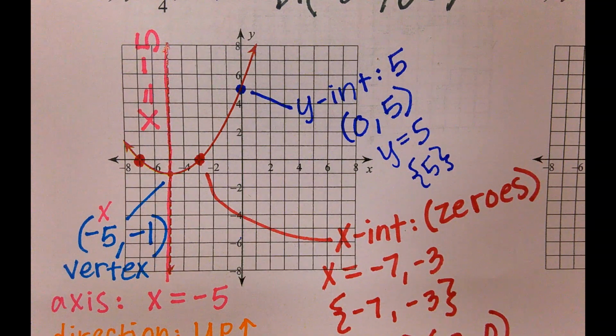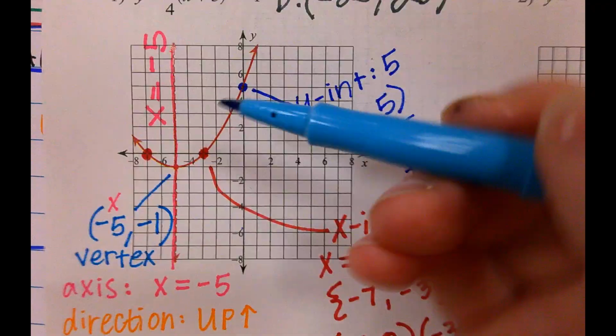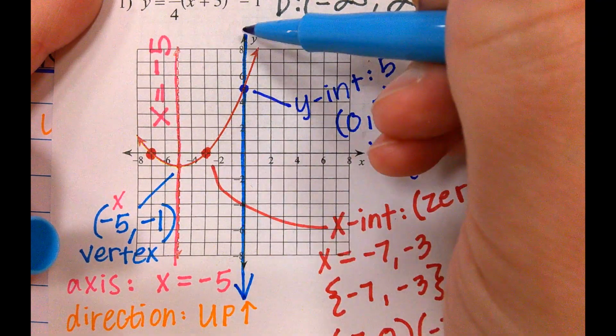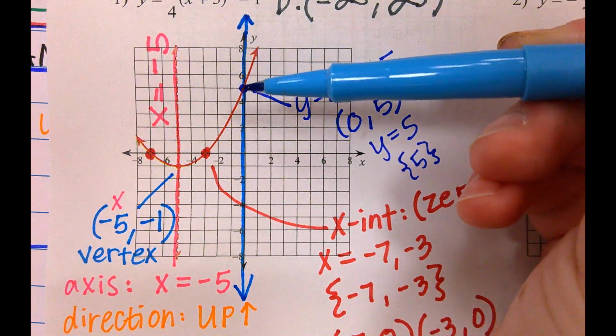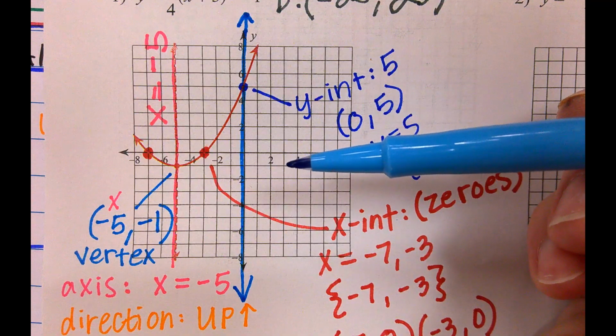So we start from the lowest point, and then we go to the highest. So looking at my parabola here, and thinking about the y-axis, where is the lowest point on the y-axis?